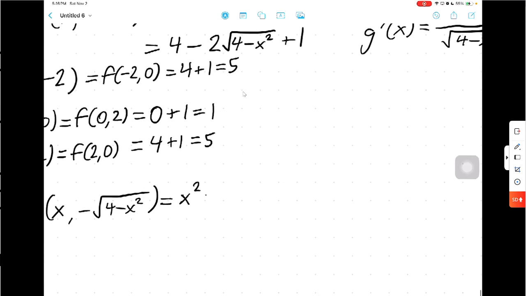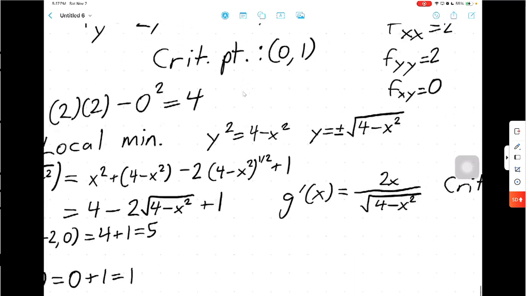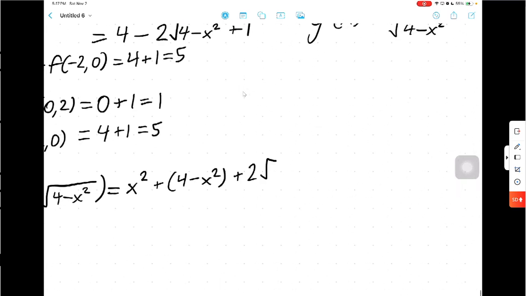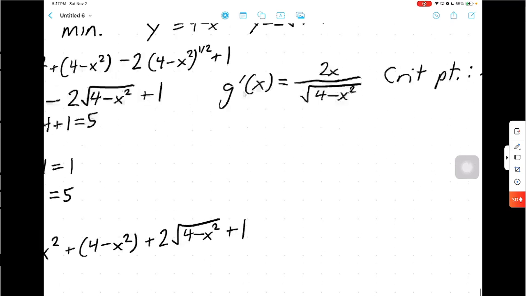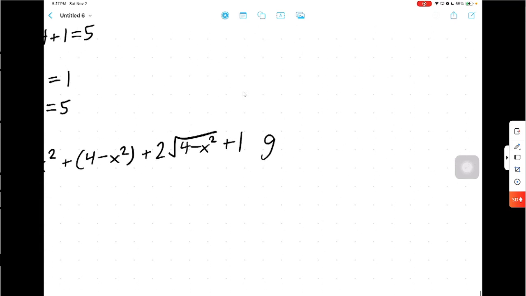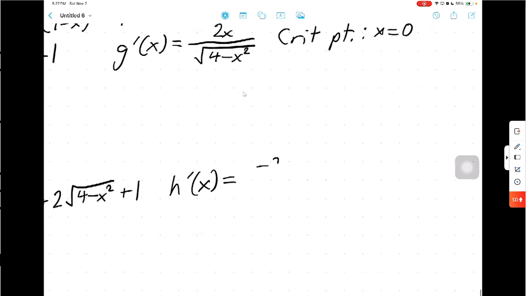Then x squared plus also 4 minus x squared. But this time instead of a minus, we have a plus, which doesn't change anything. H prime of x is just going to be the negative of the other one. So we also have a critical point where x is equal to 0.